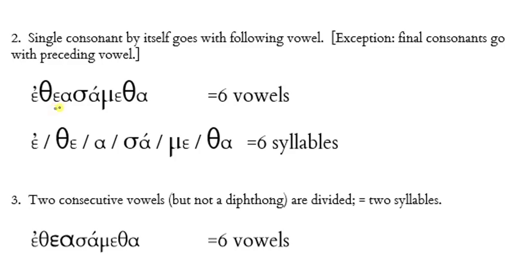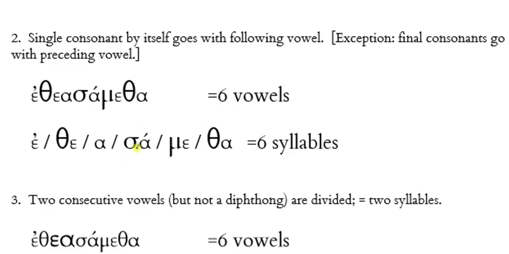Okay. The only exception here is that final consonants go with preceding vowels, because I can't have a consonant dangling at the end of a word and cut it off and think I have a syllable, right? Because consonants don't constitute syllables. Vowels are really the core of the syllable.